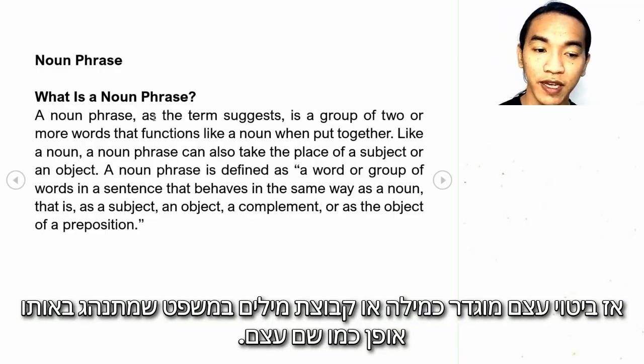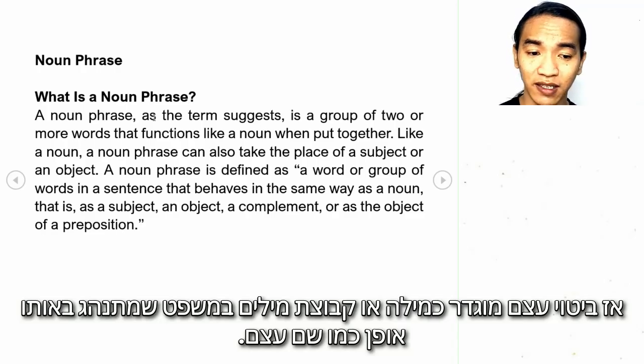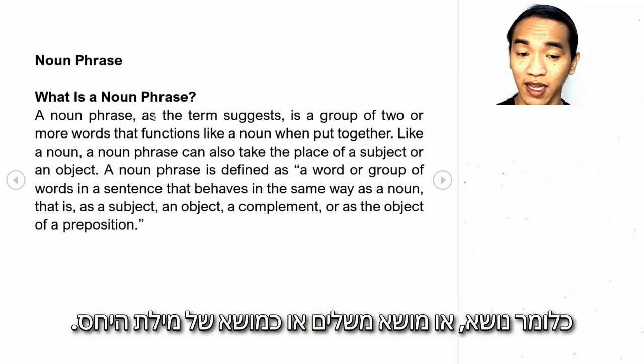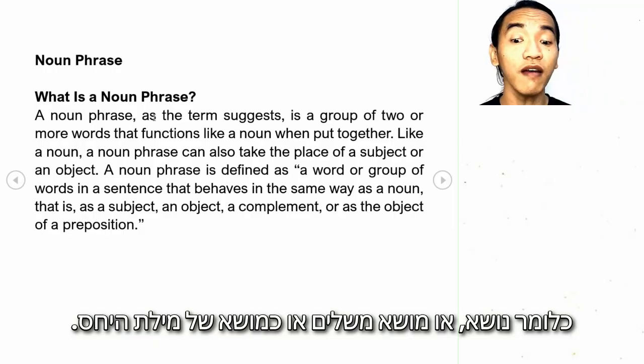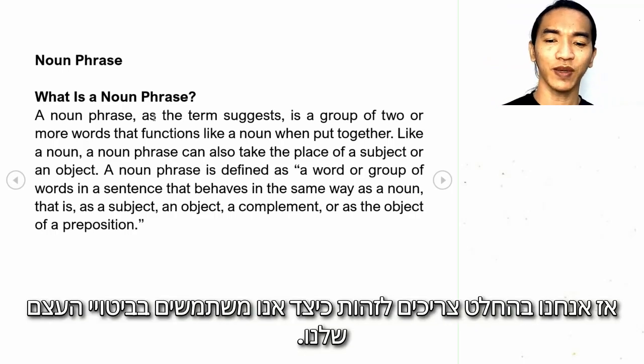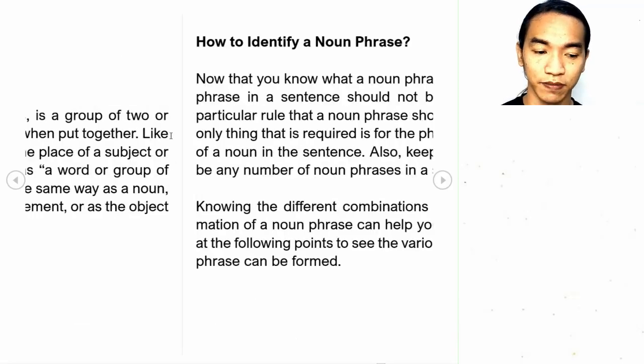So a noun phrase is defined as a word or group of words in a sentence that behaves in the same way as a noun. That is a subject, an object, a complement, or as the object of the preposition. So we definitely have to identify how we use our noun phrases.